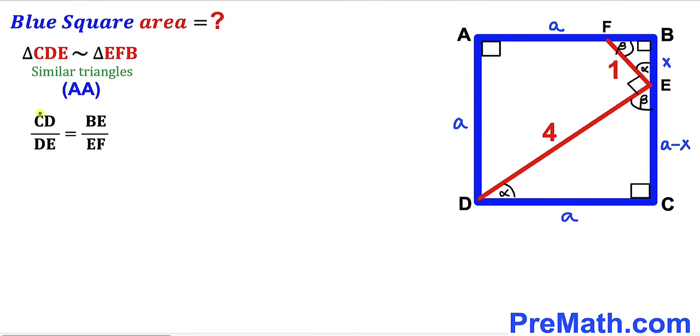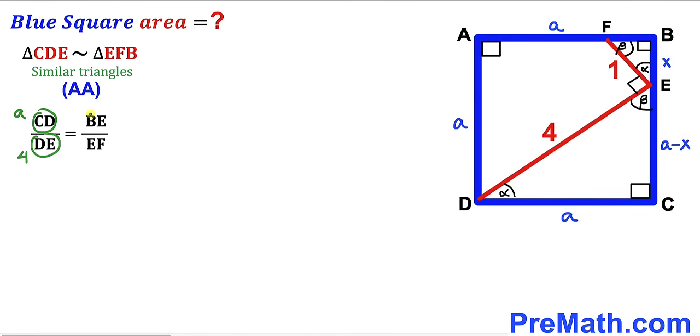Now let's focus on this CD. We can see our CD length is represented by lowercase a, so I'm going to replace that with lowercase a. Our DE length is 4 units, so I'm going to replace that with 4.